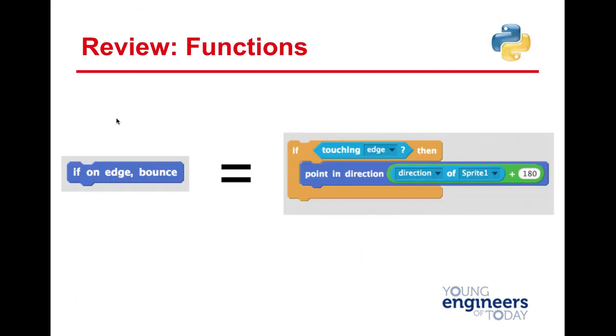So in Scratch, you can use the if on edge bounce block as opposed to using this compilation of blocks, even though they're the same thing. Scratch went ahead and made one block that users could use instead of having to use 5 different blocks. But they do the same thing.